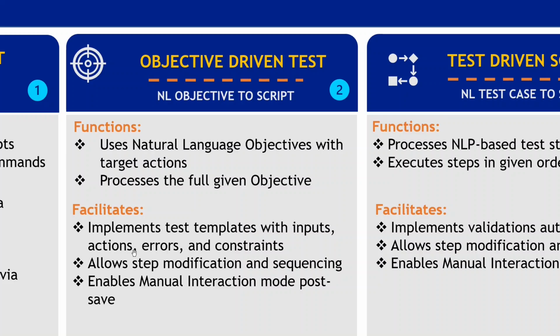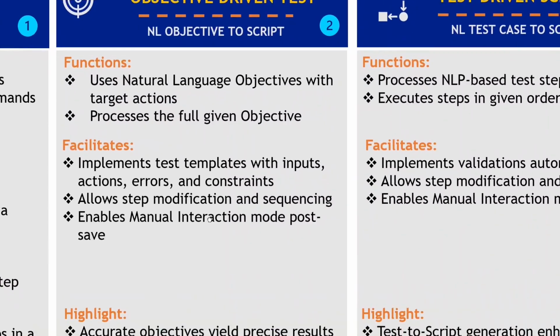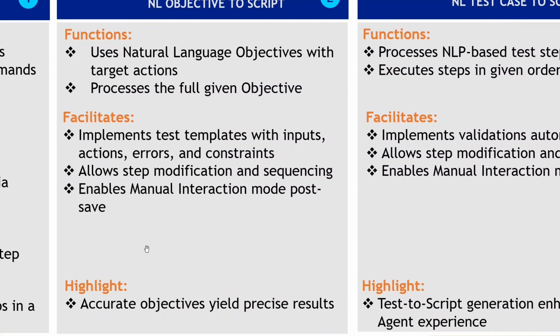That is a concept specific to the scenario. You can provide that, or it will treat it based on your objective and categorize it according to these sections: inputs, actions, errors, and constraints.